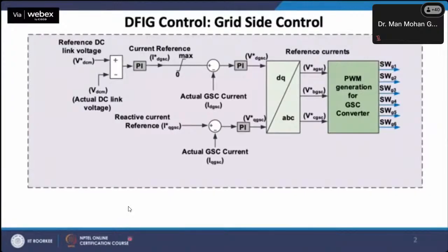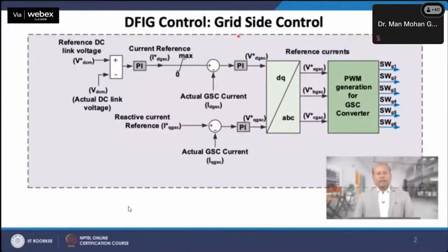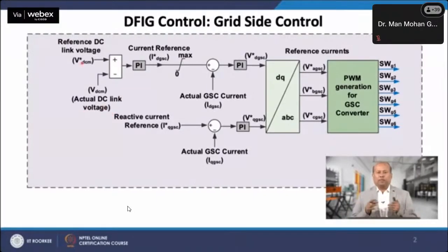Now, looking into grid side control, the generated DC link voltage reference is compared with the measured voltage of the DC link to generate an error that is processed through a PI controller to obtain the D axis reference current.